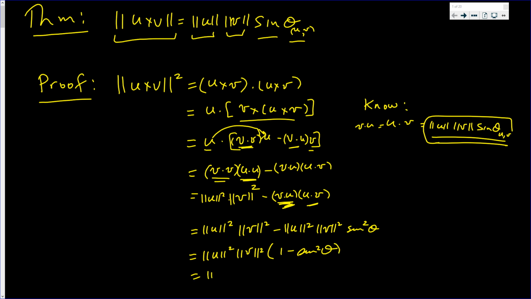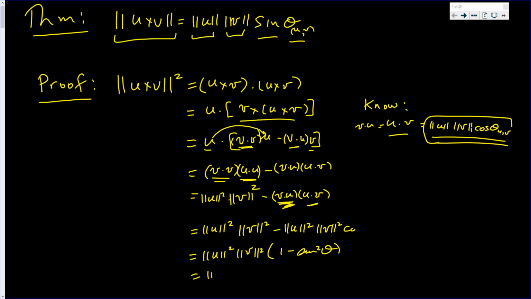So this becomes, now, something seems to be wrong here. Oh, I apologize. This should have been cosine. U dot v is the length of u times the length of v times the cosine of the angle between u and v.